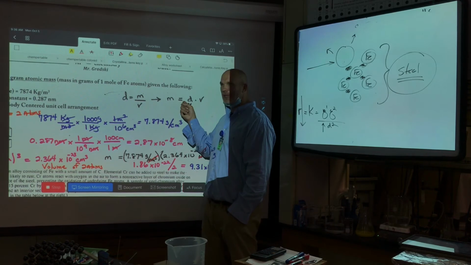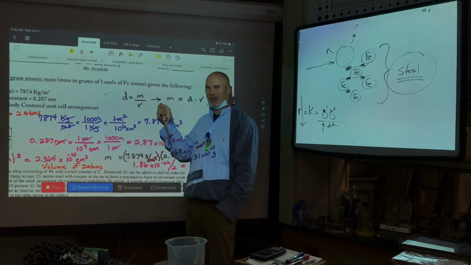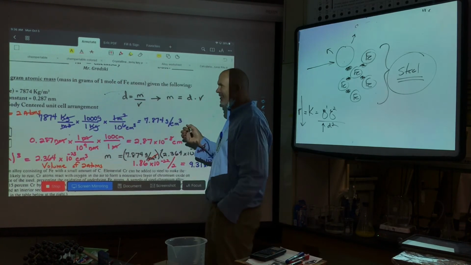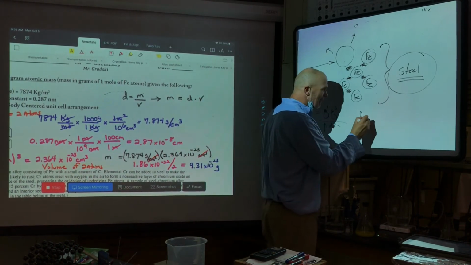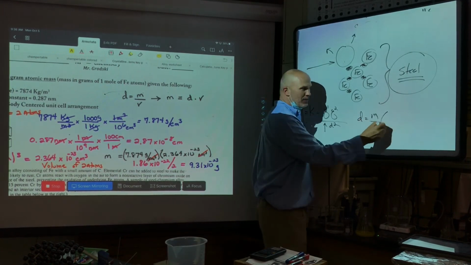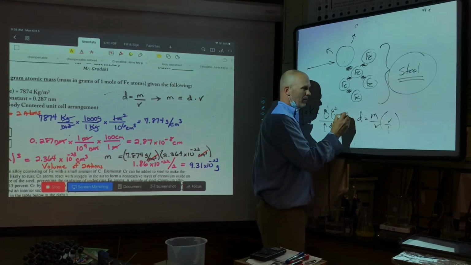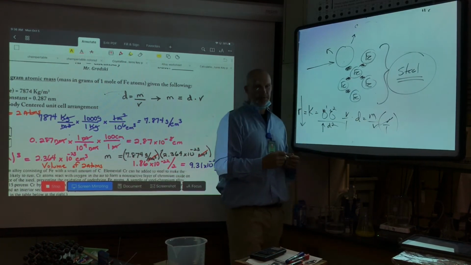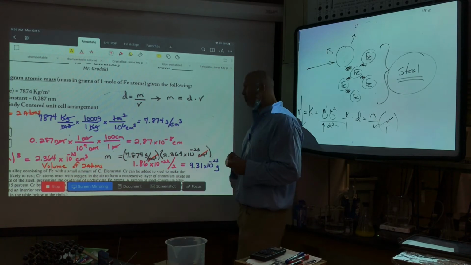And don't give me the triangle thing. I lose points. I don't want to see the triangle. You can learn in science. I do not accept that. D equals M over V, mass over volume. Solve for mass algebraically. Multiply this side by volume over 1, volume over 1. Mass is density times volume. Manipulating equations is all part of this course.